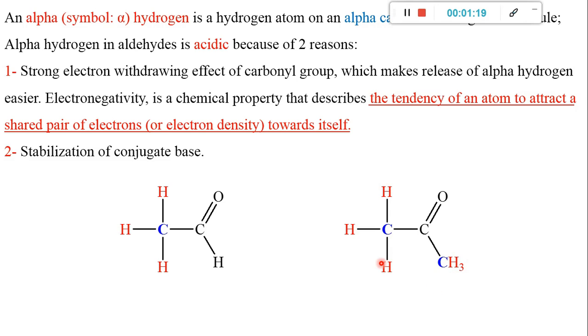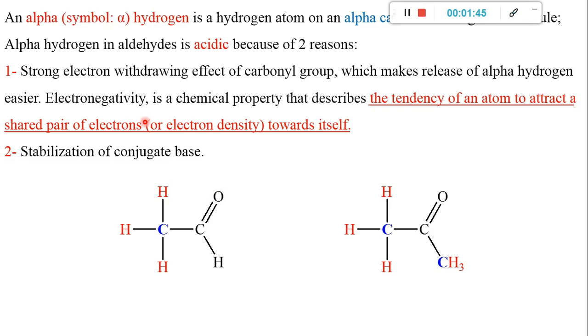So why are these hydrogens acidic? Because of 2 reasons. The first one is the strong electron withdrawing effect of the carbonyl group. As you know, the carbonyl group has an electron withdrawing effect because of the electronegativity of oxygen.